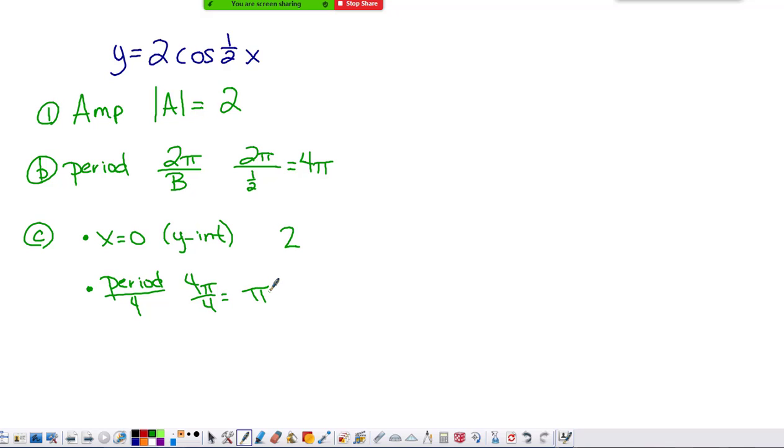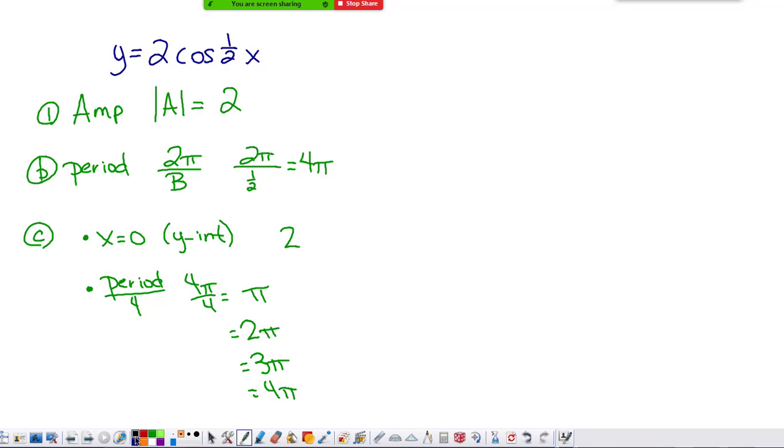What's our next point going to be? 2 pi. What's our next one? 3 pi. And our last one is going to be 4 pi. And that 4 pi better match our period, so we know we counted them right.